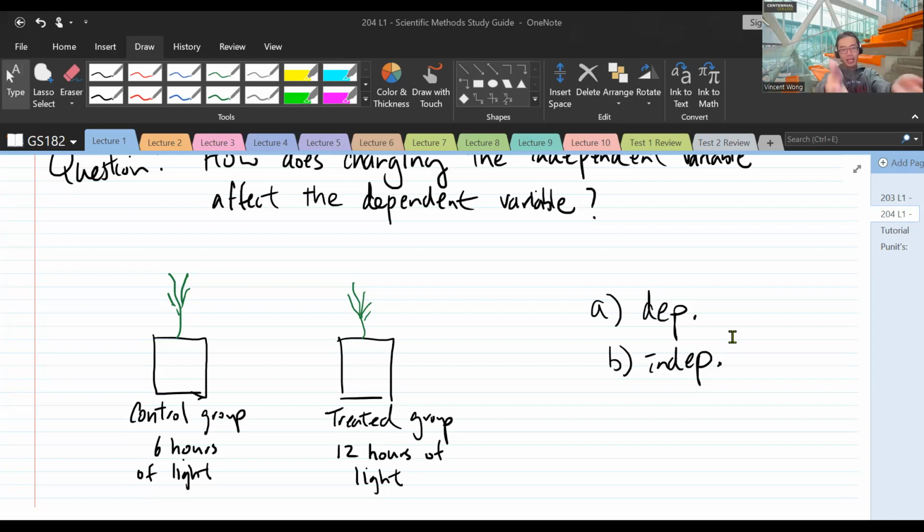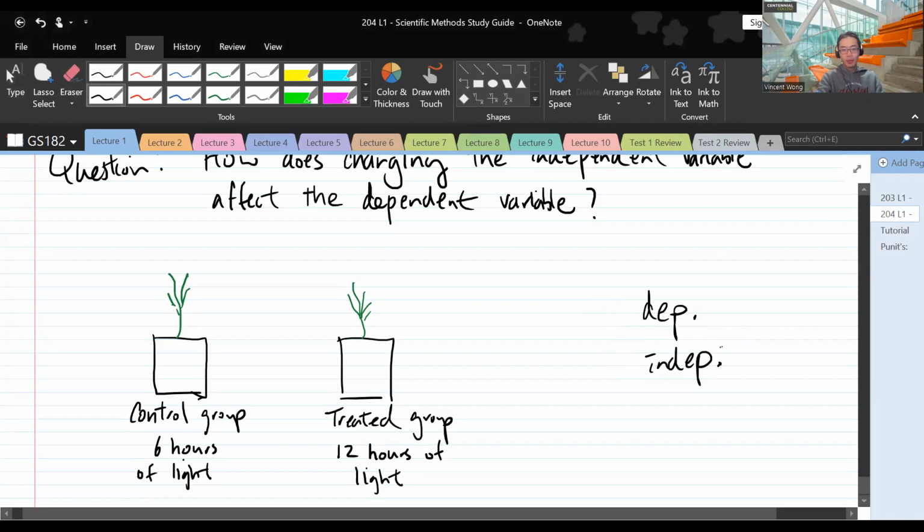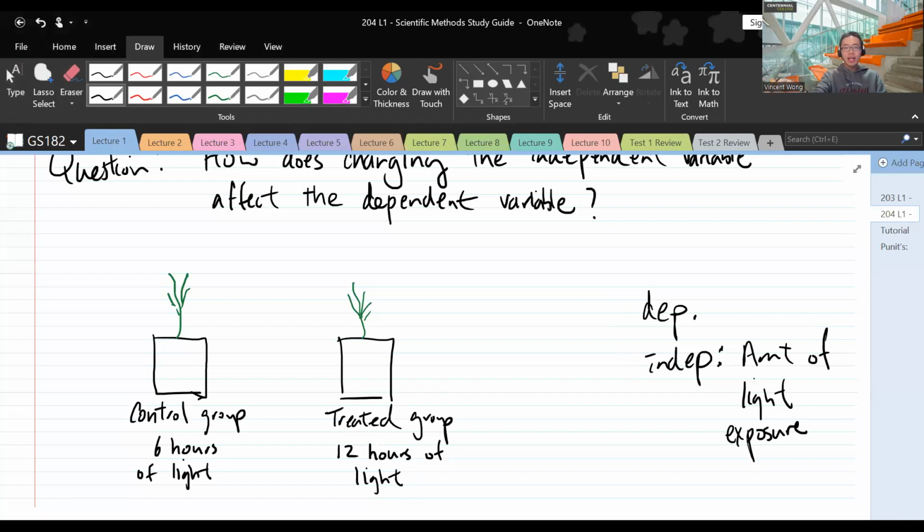You either put the plant out in the sun or you don't. You get to choose that, right? So in this case, the independent variable is the amount of light exposure. Is it 6 hours? Is it 12 hours? You get to decide that.